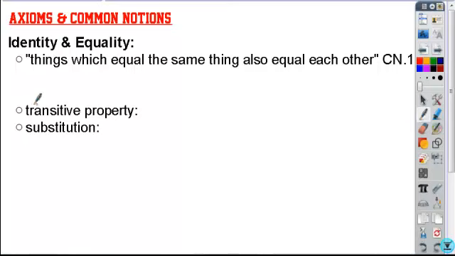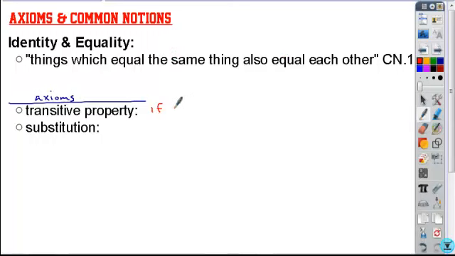Down here are the axioms that have been built on that common notion. The first is the transitive property. The transitive property is basically an interpretation of this: two things that are equal to the same thing.